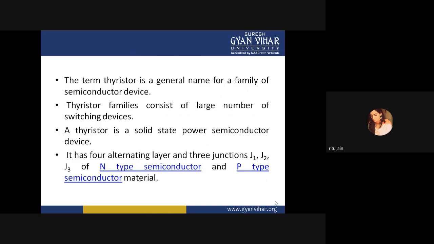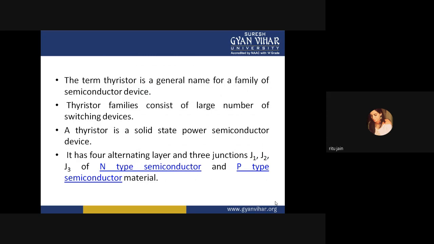As you know, the thyristor is made of semiconductor materials, which are impure materials. In pure semiconductor materials like germanium and silicon, we add some impurities, depending on what kind of impurities you are adding.